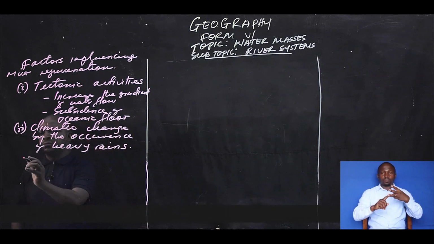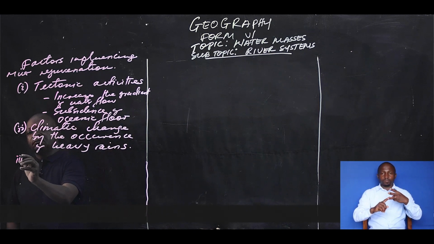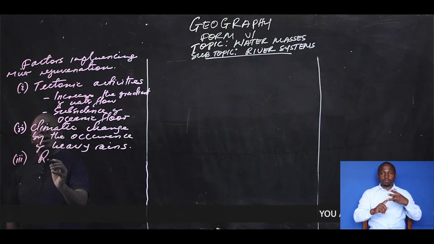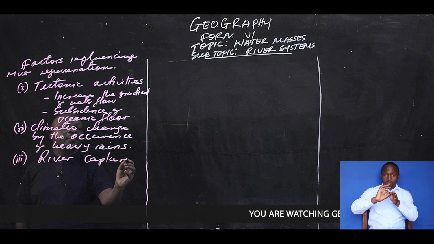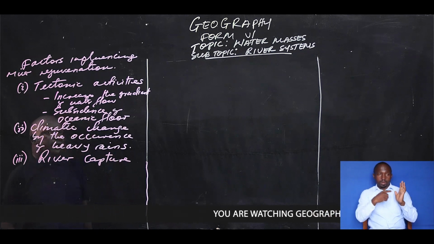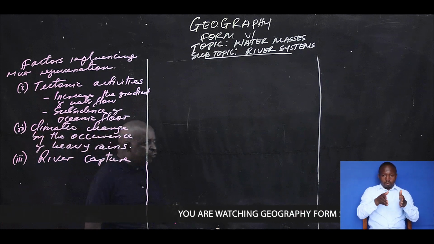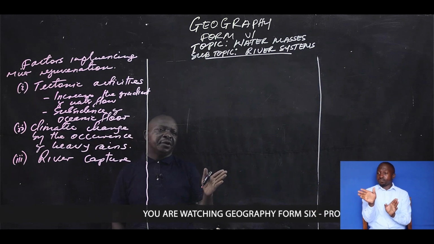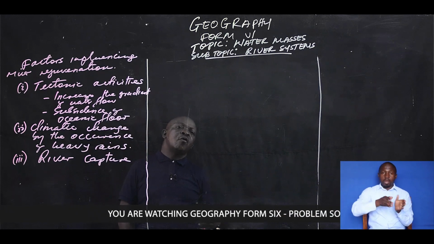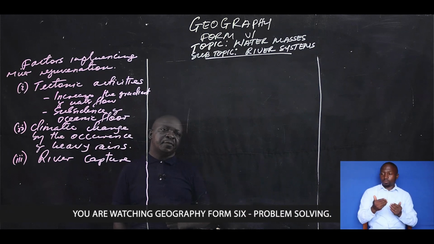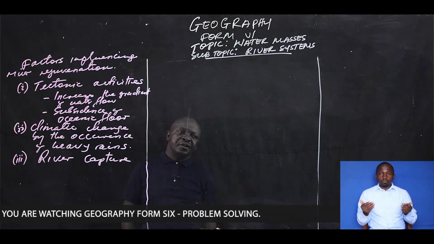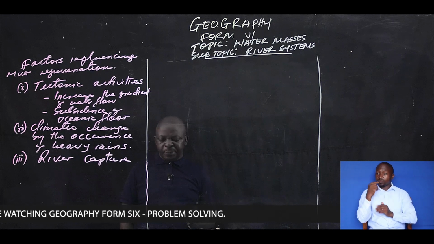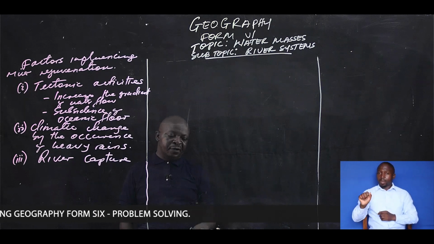Three, river capture. It is about the diversion of a river system into the system of another river. Another river into which a river diverged, in geographical perspective, is understood as a pirate river.